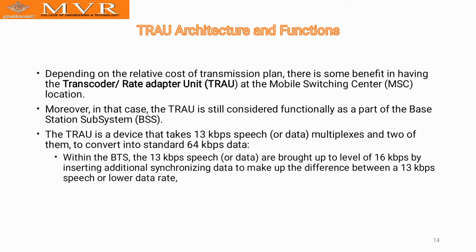This device takes 13 kbps speech or data, multiplexes four of them to convert to the standard 64 kbps data within the BTS. The 13 kbps speech is brought up to the level of 16 kbps by inserting additional synchronization data to make up the difference between 13 kbps speech and the lower data rate.